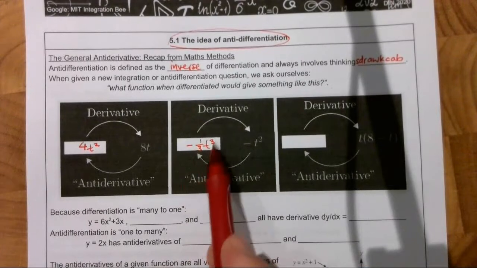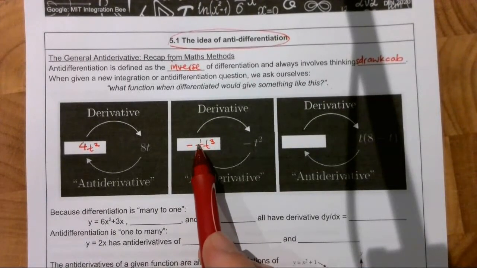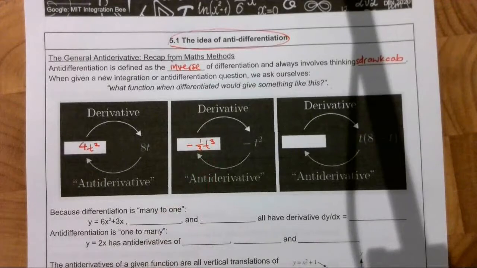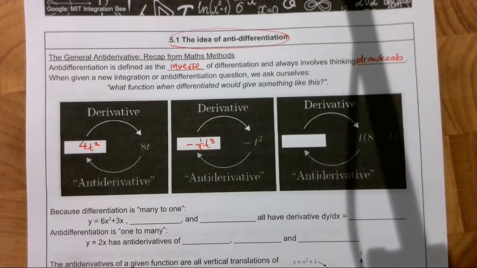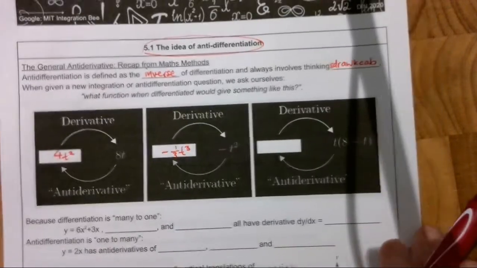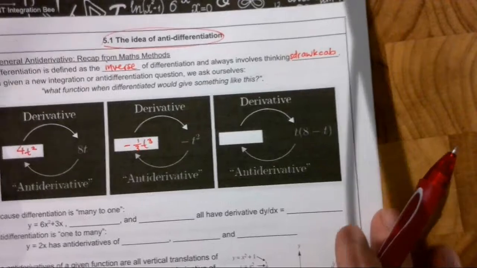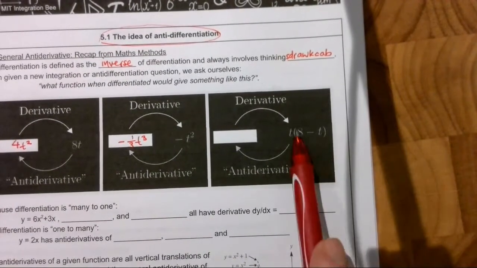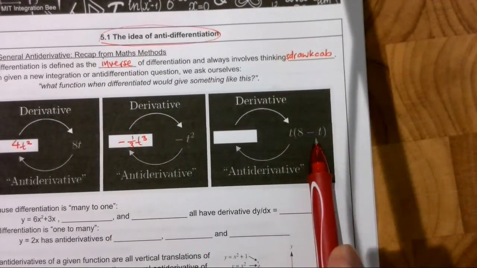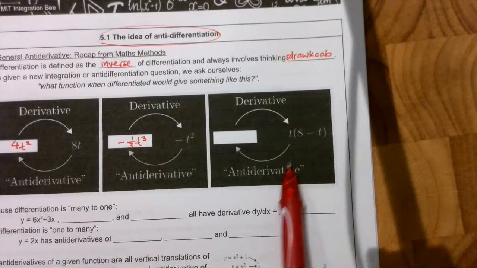If I differentiate this now, I multiply by 3, which cancels with the third, and I reduce the power by 1, so I get minus t squared, which is all good. And then if we're going to build it up a little bit, we get this expression here, t times 8 minus t, and we think, okay, what's the antiderivative of that?